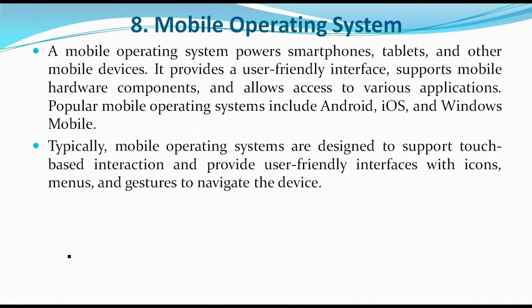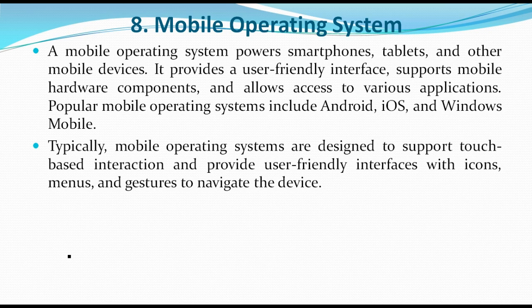So it provides a design through which the user can interact with all its applications with the help of the touch screen, and provides a user friendly interface with icons, menus, and gestures to navigate the device.